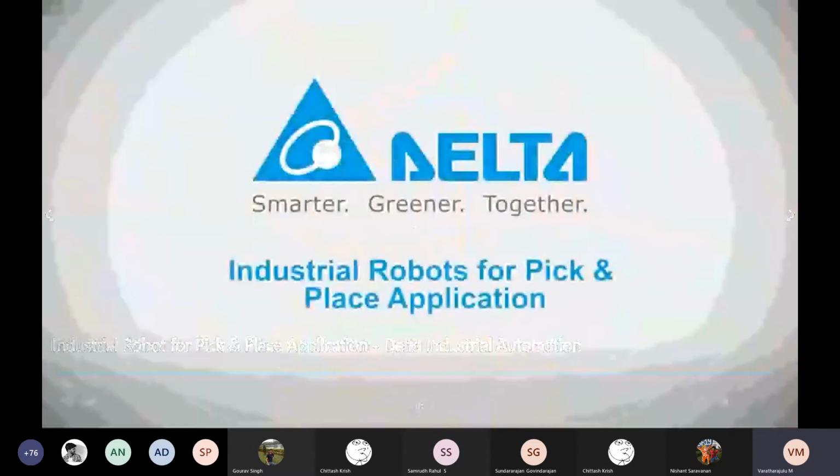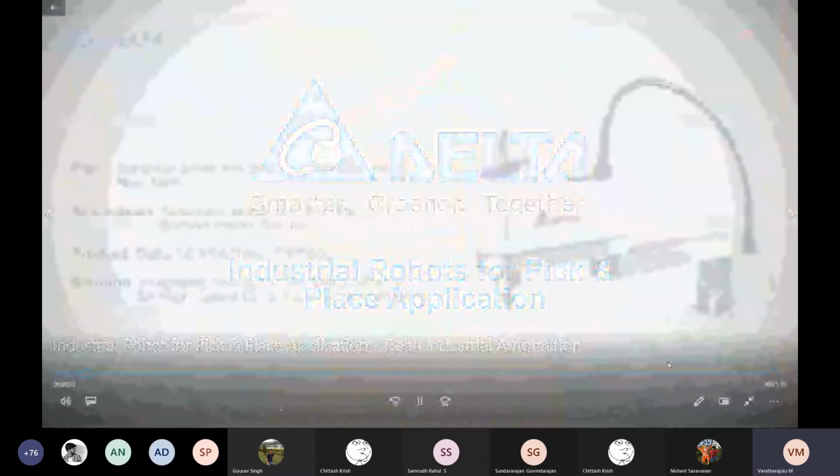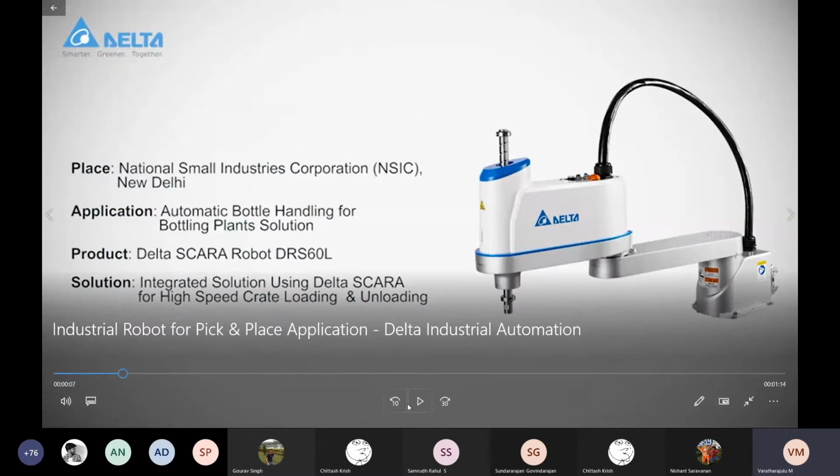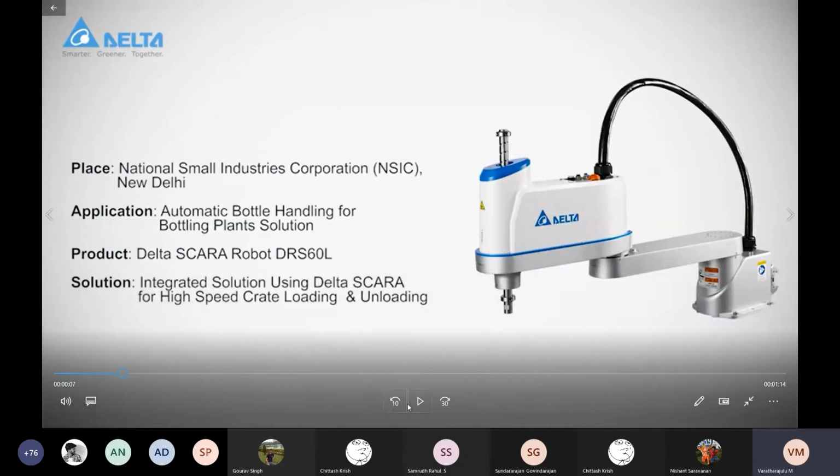Here we have the SCARA robot, and that too was designed by our National Small Industries Corporation, that is NSIC. It was applied to handle bottles, automatic bottle handling for a bottling plant. The product name is Delta SCARA robot, an integrated solution using Delta SCARA for high speed crate loading and unloading.